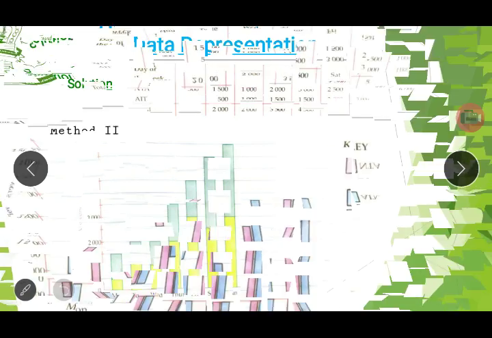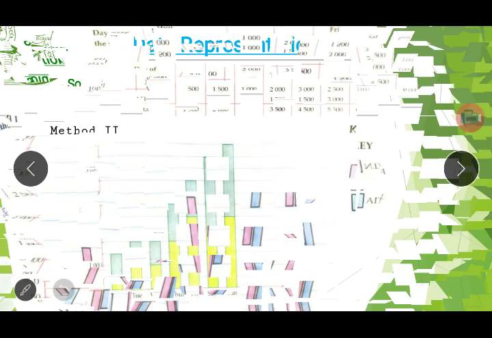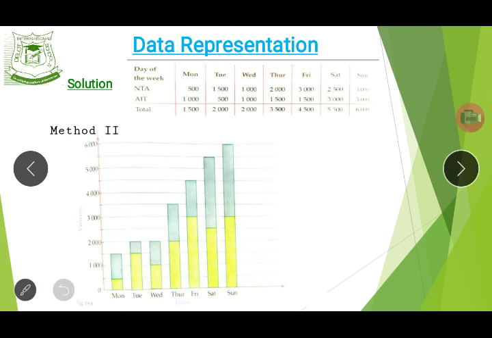Now this second method, with the same values. Remember, when you add the two of them, 500 and 1,000, you arrive at 1,500. That's what we want to represent here, the total of all the viewers in this graph. So on Monday, we have 1,500 persons.